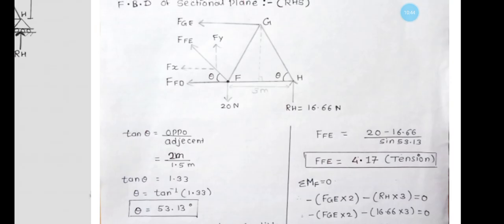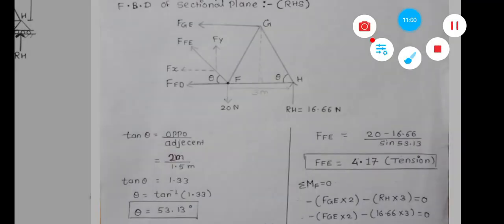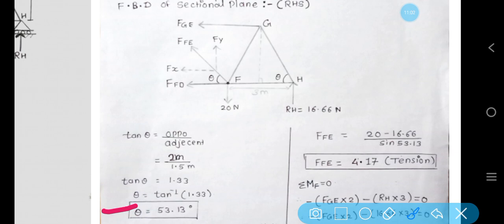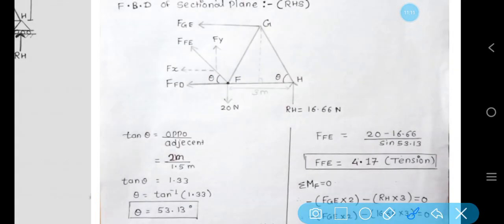So by using this we can calculate tan theta, which is equal to 2 meter divided by 1.5 meter, which is tan theta is equal to 1.33. So to calculate theta, tan inverse 1.33, we can get theta is equal to 53.13. So this theta and this theta are same.